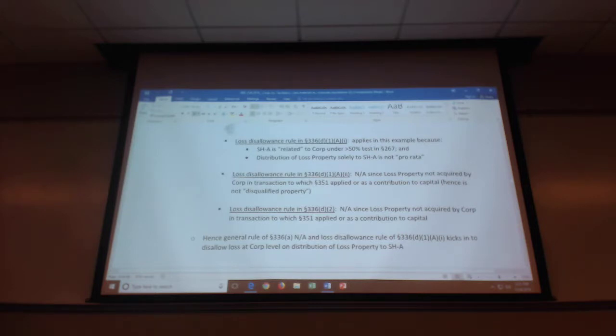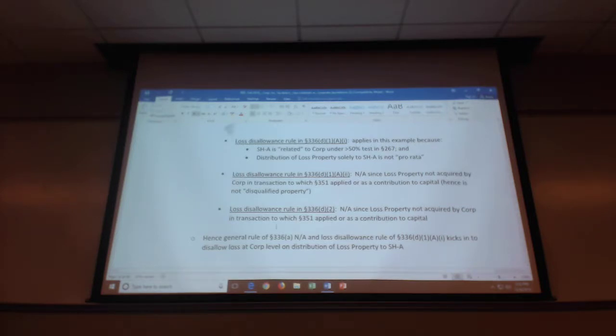In this situation, it only has to be a non-pro rata distribution to a related party. What if it's a non-pro rata to an unrelated party? Now you're pushing it. I'm just kidding. We're going to illustrate each permutation in the other example. So can you hold that thought?